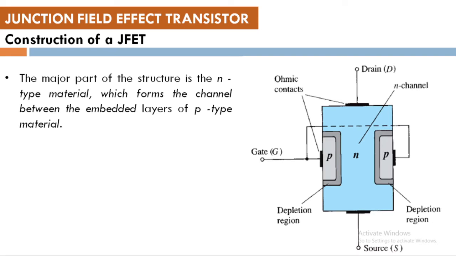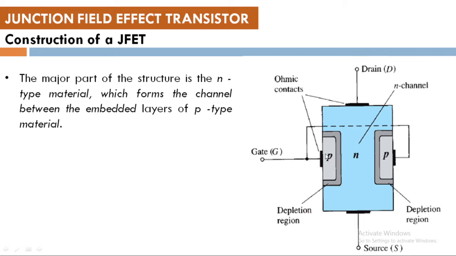Now let us have a look at the junction field effect transistor construction. Usually if we consider an N channel type, then a slab or a portion of N type semiconductor is doped with P type semiconductor on both sides.